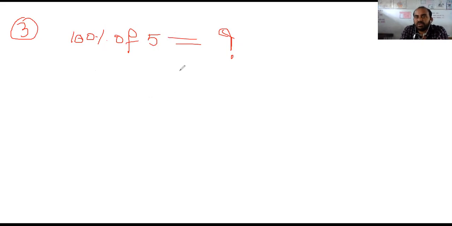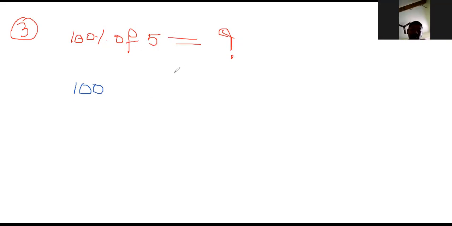Here there is no is, nothing is there. 100 is there, you write the 100. They gave the percentage symbol. Not 100 into 5, Ramakrishna. We have to remove the percentage symbol. Then what to do? Divide by 100. That only I am telling from the beginning.